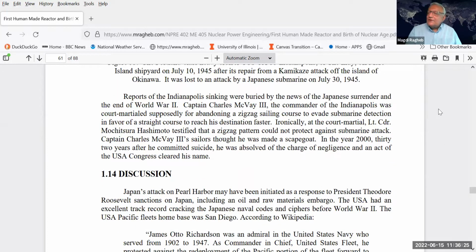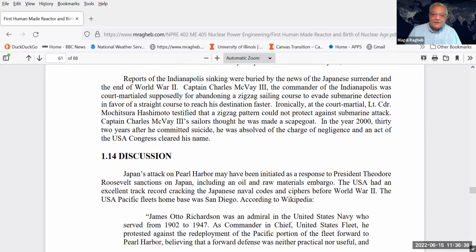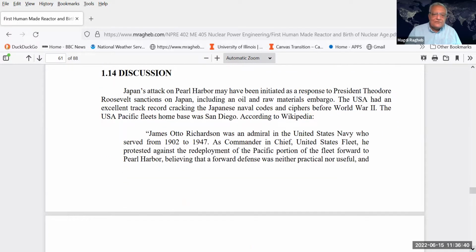So that was another tragedy that happened there, in the war with Germany and with Japan, and today in Ukraine with Russia, which are simply the same parts of history.